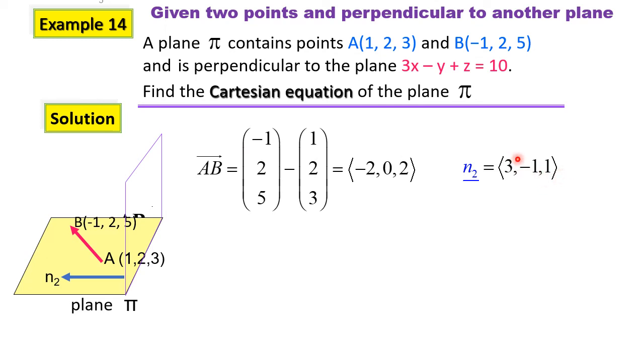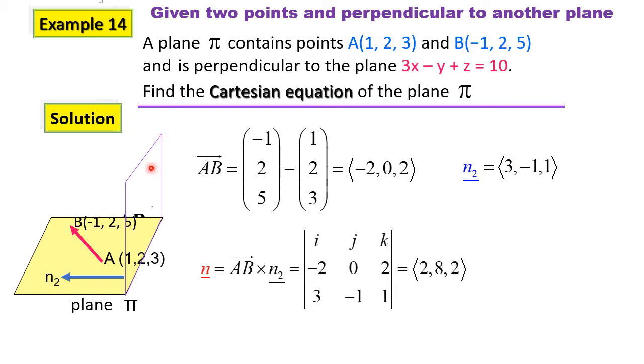And then next, to find the normal to the plane, we have to do the cross product, okay? Because if we do the cross product, we will get our n. So our n, we have to do the cross product of vector AB and n2.